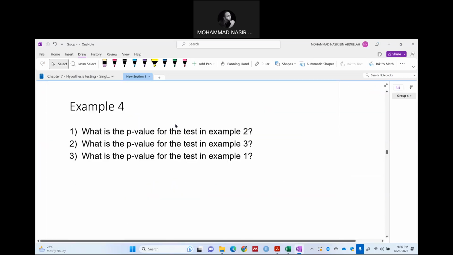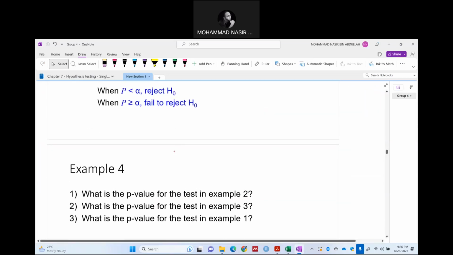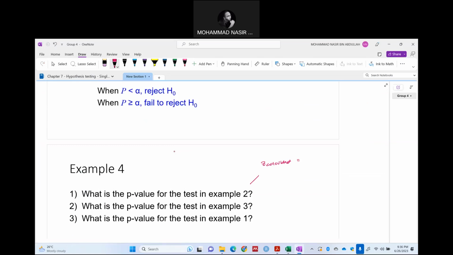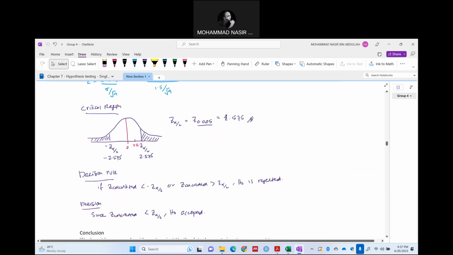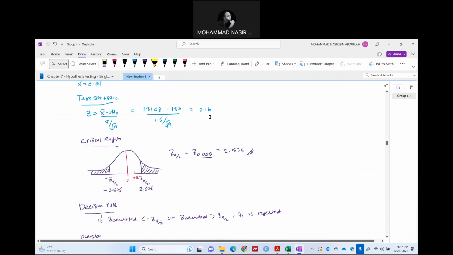So example number 2, the z calculated is equal to 2.16. Remember? Example number 2, z calculated is 2.16. So this is a two-tail test.